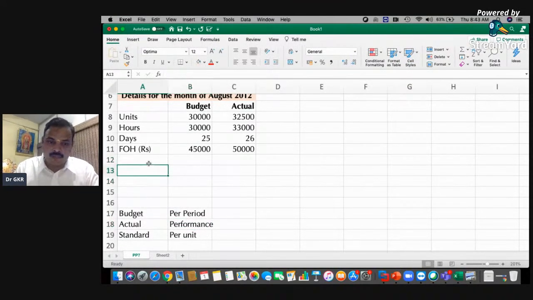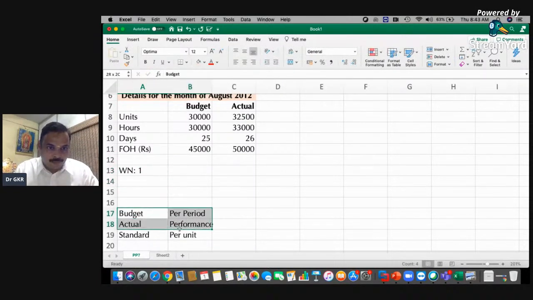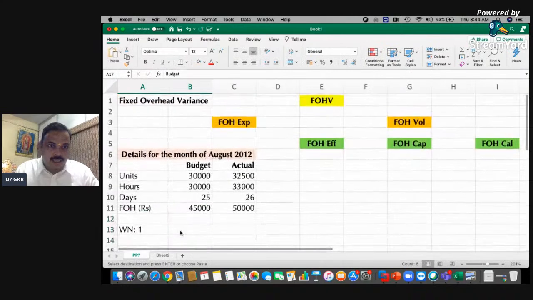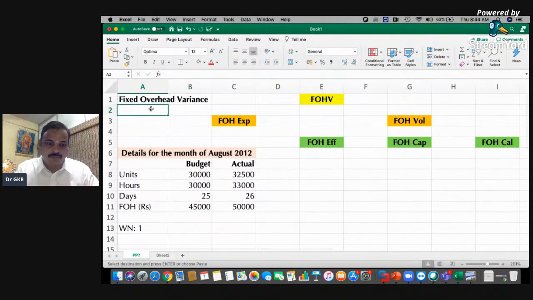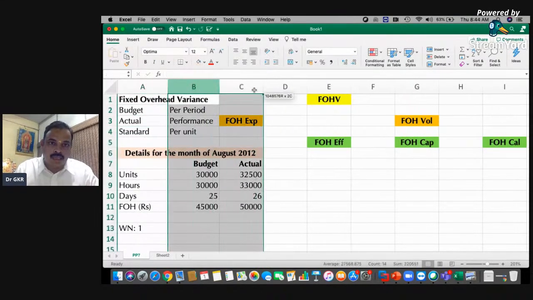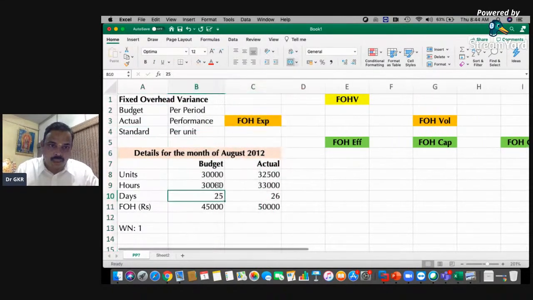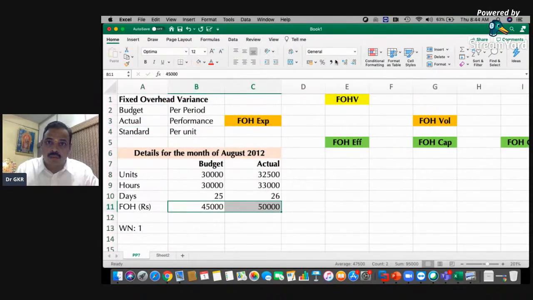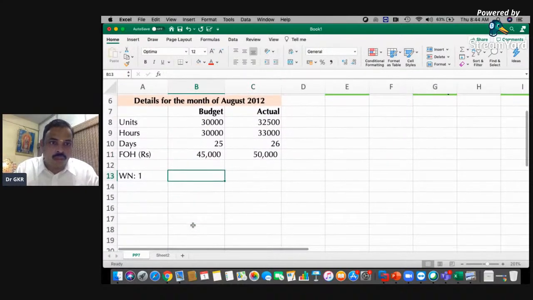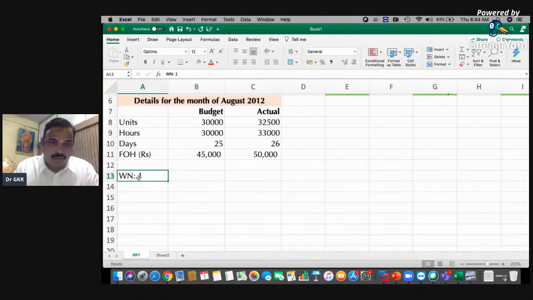What is your fixed overhead? So this is your first working note. I'll call this working note 1. All of you should understand that. So this is your fixed overhead. What is working note number 1, guys?